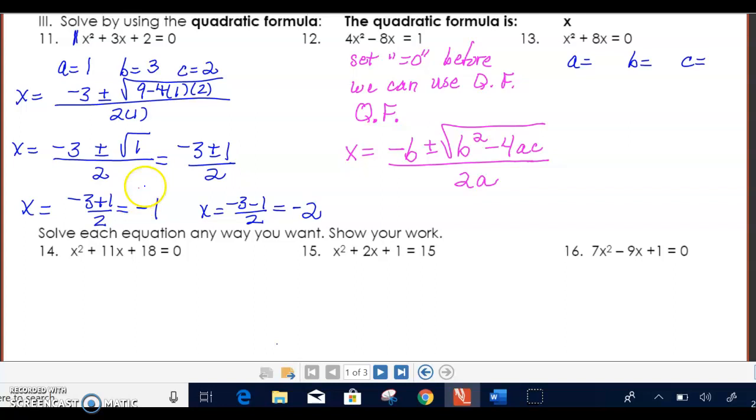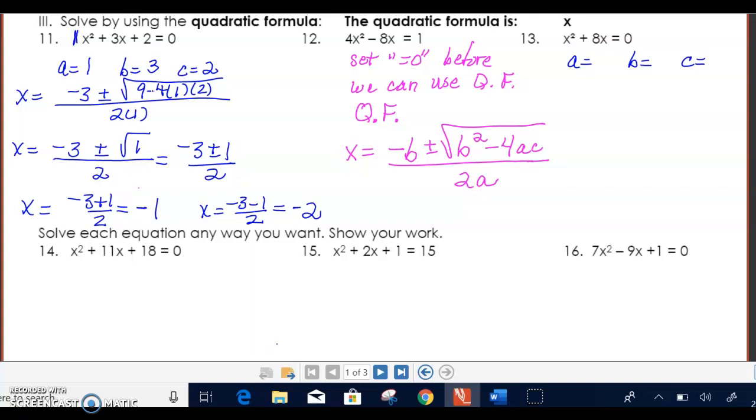My two answers are negative 1 and negative 2. And when your answers end up with no radicals left in them, then that means that problem originally factored. And if you ask me, factoring that thing would have been a lot easier than going through this. But I just want you to realize, if it factors, you can use the quadratic formula.